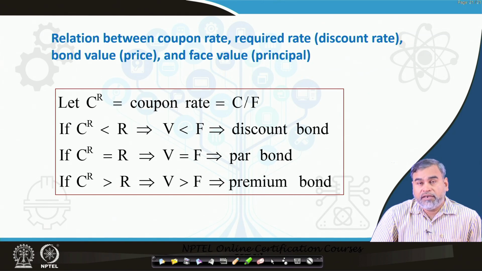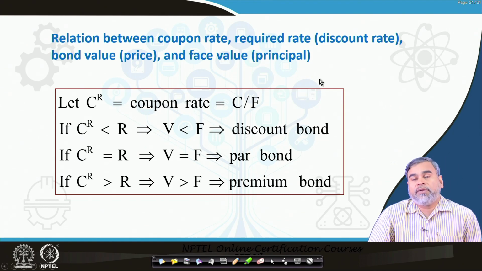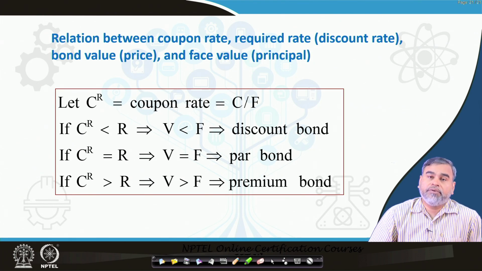For example, instead of a 9% coupon, if you had considered a 10% coupon and 10% is the discount rate, then the value of the bond will be 1000, instead of 938.55. This is called the par bond.